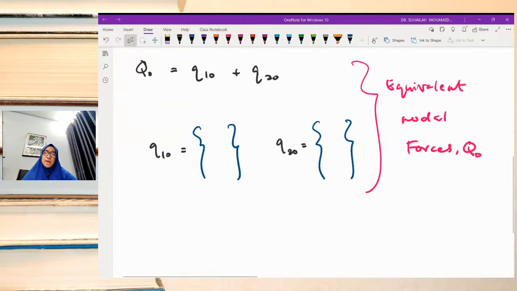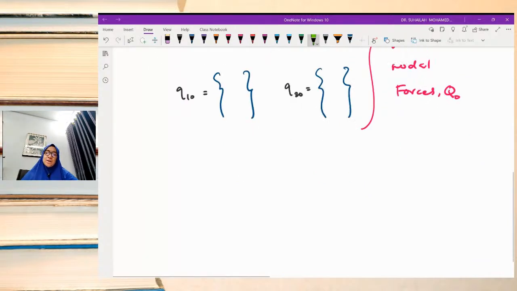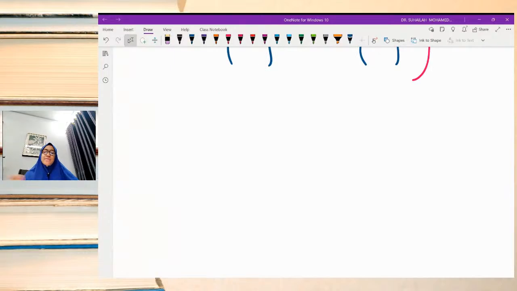Q1 naught and Q2 naught we have to label like what we label in K, the stiffness matrix. K also we get from combination of K1 and K2.